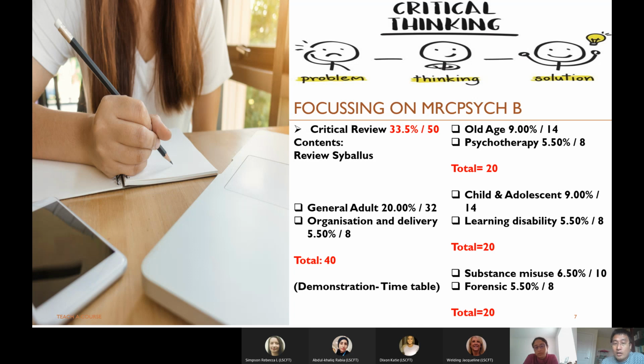If you are preparing CAMHS and learning disability, most often some of the MCQs might be related. So make sure that you study this chunk together. Forensic and substance, it becomes easier. So this is like 20, 20, 20, and the general adult is 40. When you prepare for exam, try to see which are the topics that you can concentrate more on.